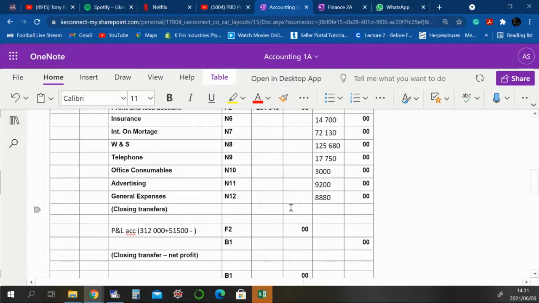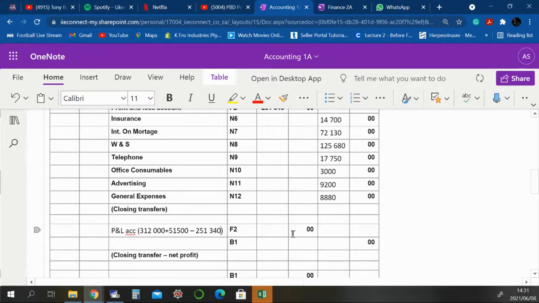Then we know the total expense was 251, I think it was. I got 251,340. So what's the total that you get there?